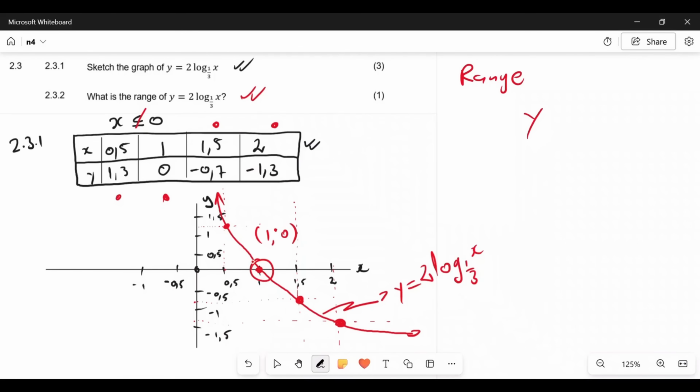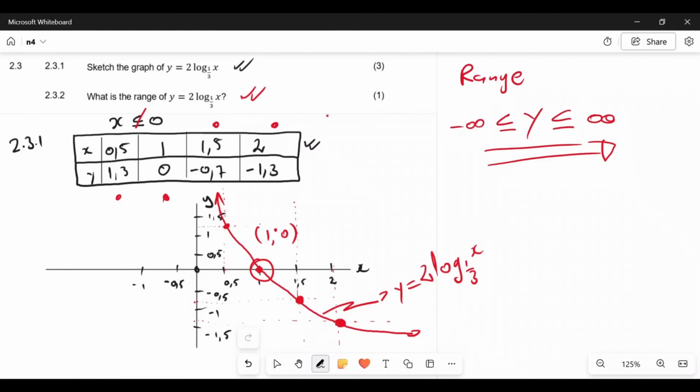It goes forever on the positive side of y, and also it goes forever on the negative side of y. So you can say y is greater than or equal to negative infinity and y is less than or equal to positive infinity. So this is how you write this answer.